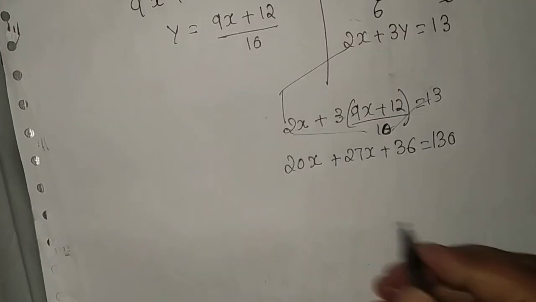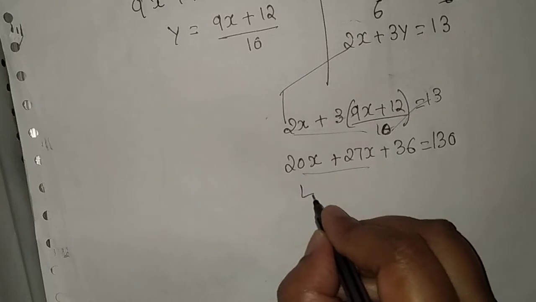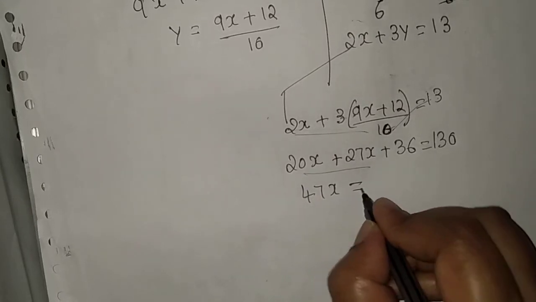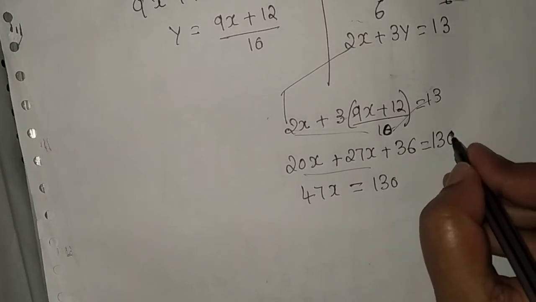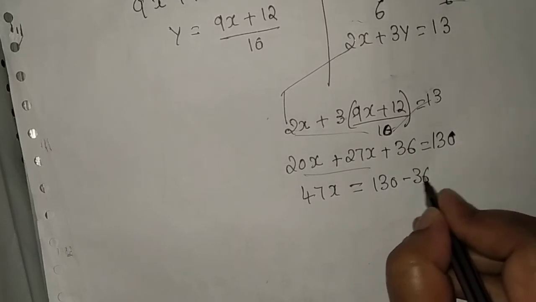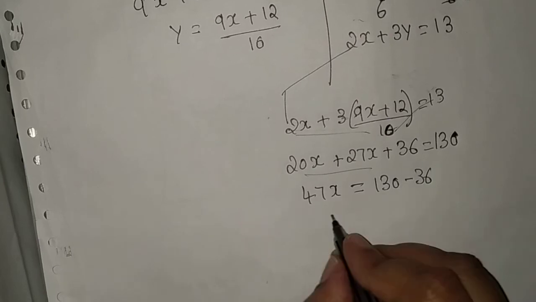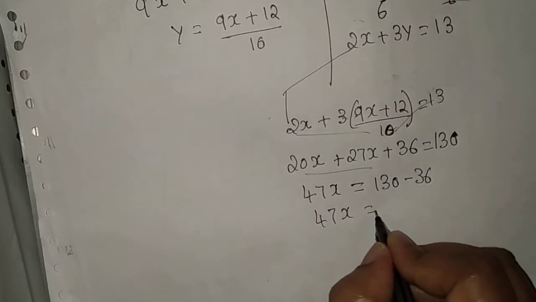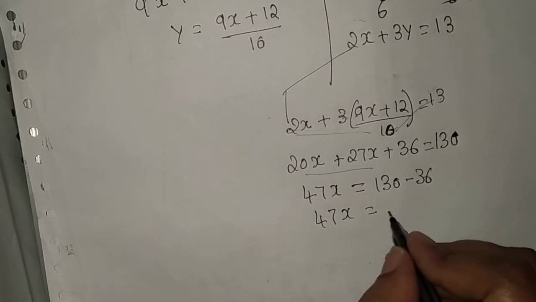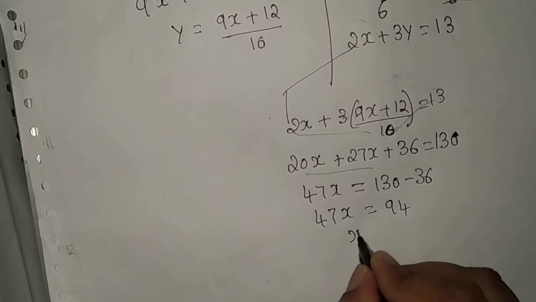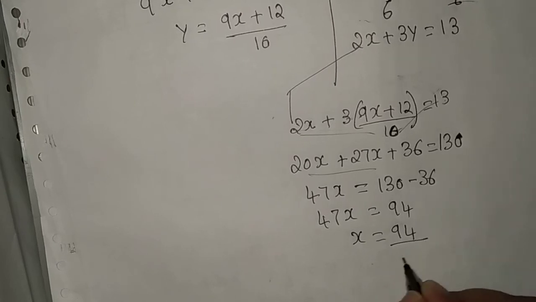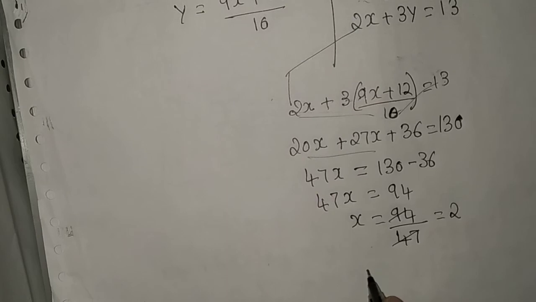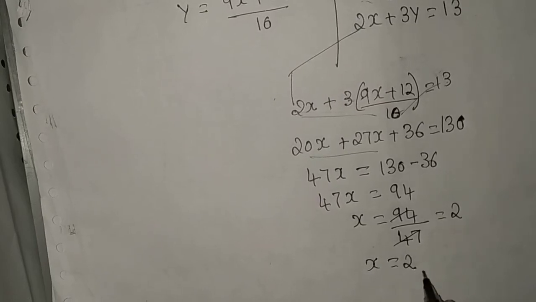Add this, we get 47x is equal to 130 minus 36, which is 94. Therefore x is equal to 94 by 47, which is 2.